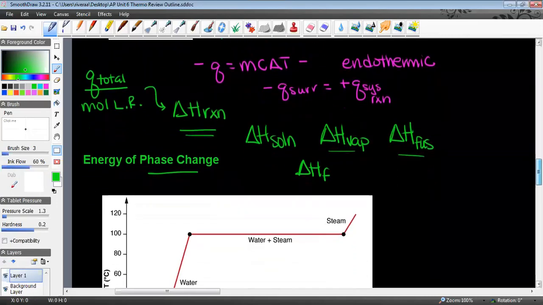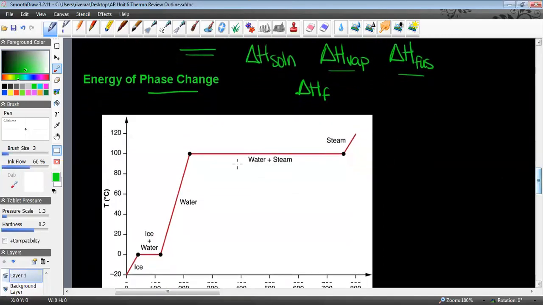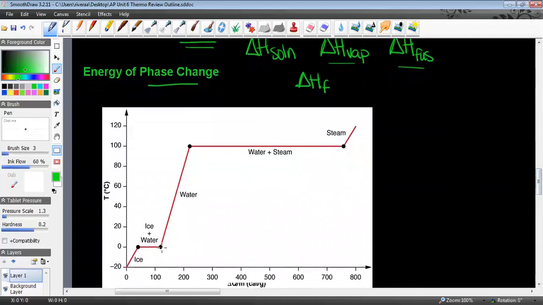I'm not going to spend a ton of time here because we actually looked at this diagram when we were reviewing intermolecular forces. So we've already looked at heating curves in our review sessions. Remember, your phase changes are happening on these flat portions of your diagram.